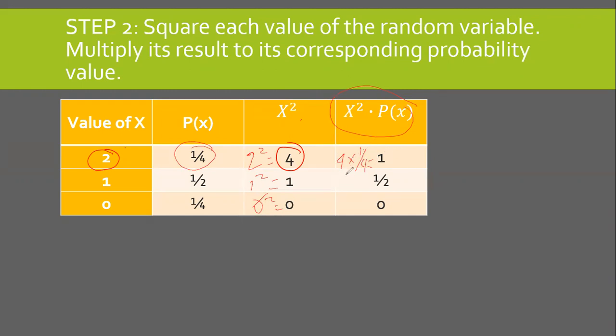Then so on, you follow that. 1 times 1 half equals 1 half. 0 times 1 fourth equals 0. And now you have the column for x squared times p of x. Now you can also get the total to make it easier later. The total is 1 plus 1 half plus 0, equal to 3 over 2, or 1 and 1 half. All right.